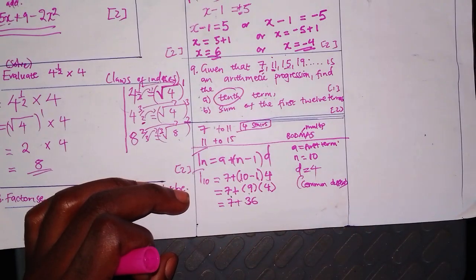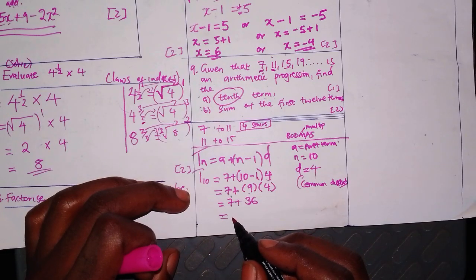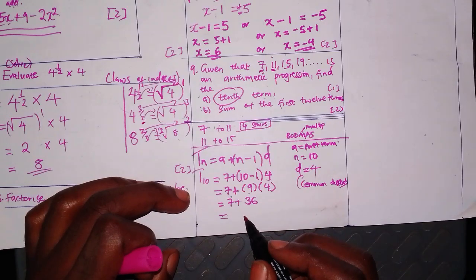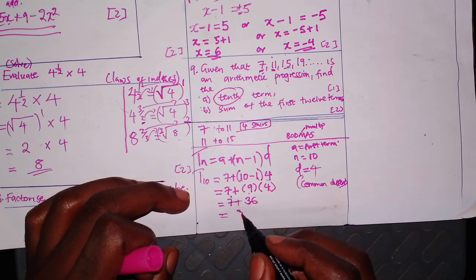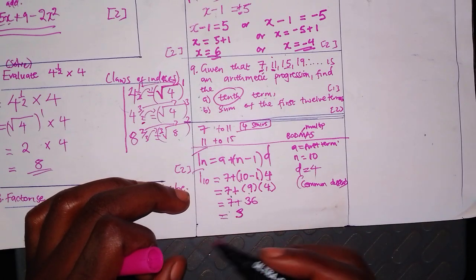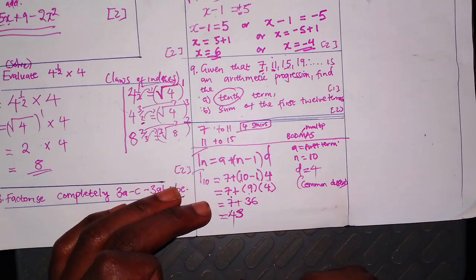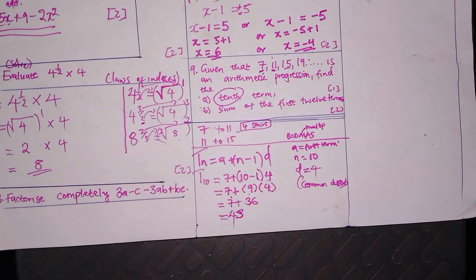Remember, this is paper 1. You don't use the calculator. Then 7 plus 36, we have 43 as our answer.